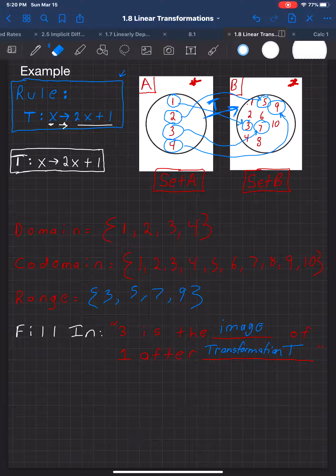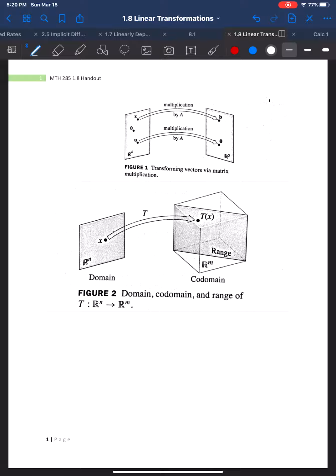All right, so where are we in this process? Now we actually have to take this set of vocabulary and extend it to the ideas of matrices.